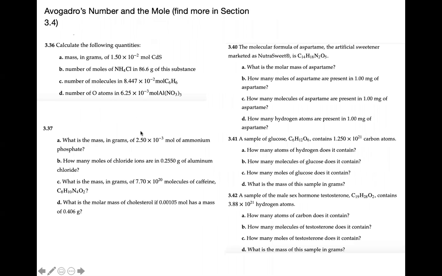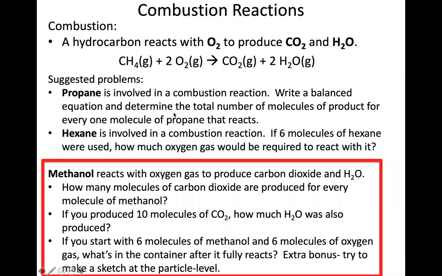On this one, when it comes to Avogadro's number and the mole, all of these are great examples to see if you can set up the appropriate dimensional analysis to solve for the value they're looking for. And I want to double back: if you recall, on this slide right here, I pointed out both sets of these as good ones for you to work on.